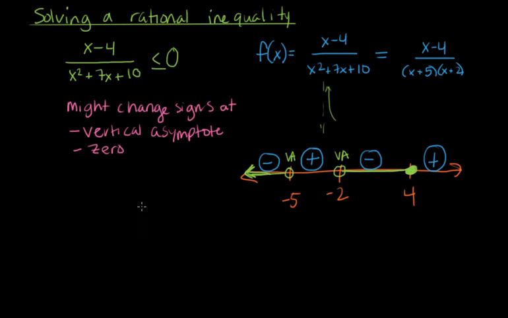If it was less than or equal to 0, the answer would be from negative infinity to negative 5, union negative 2 to 4, and 4 would be the only one with the closed bracket because that's the only one that actually equals 0. The other ones are asymptotes, so they are something divided by 0, which breaks the function. It's definitely not equal to 0. And that's how you solve a rational inequality.